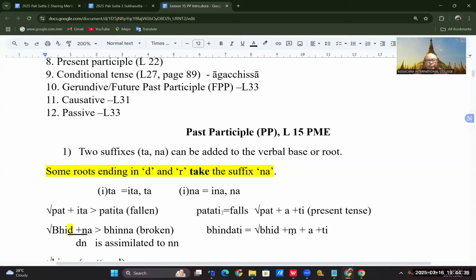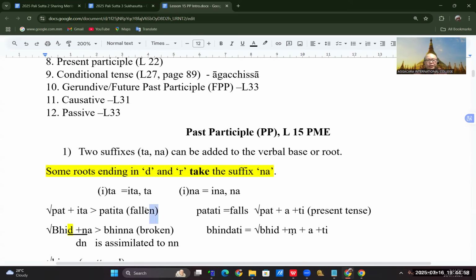The present tense will be patati, so pat plus a and ti, present tense, 'he falls' or 'it falls'. But when we write in the past participle form, we put the ita suffix. So this means that the i is optional. Sometimes we have ita or ta. So when you put the root pat and ita, it becomes patita, fallen.